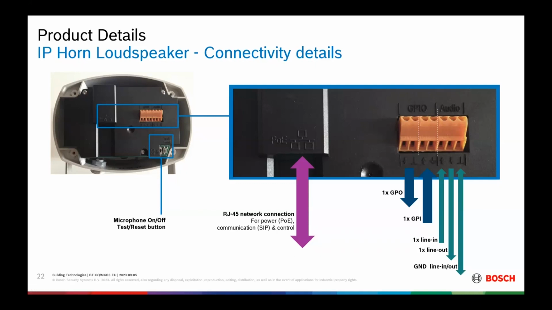First, the GPIO terminal with one GPO and one GPI. And second, the audio terminal with one line in and one line out. Below, we have an on-off switch for the microphone, and there is a physical button for test and reset purposes. This button will perform different actions depending on how long you press it.